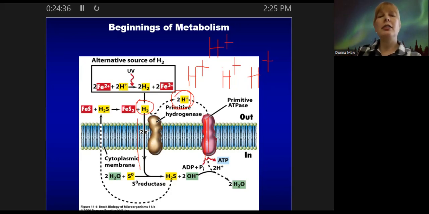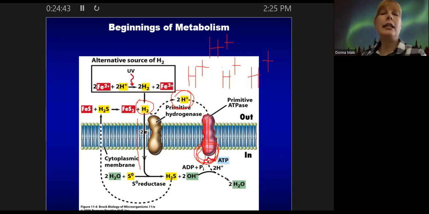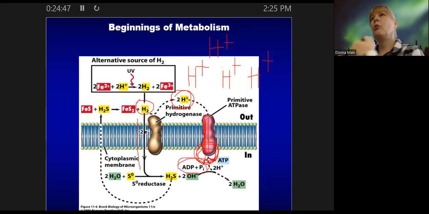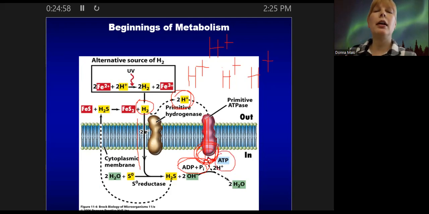These subunits down here of the ATPase rotate and allow for ADP and an inorganic phosphate to physically react with each other, come into contact. And then you see the huge payoff. Once you get that reaction to go, then you make ATP.